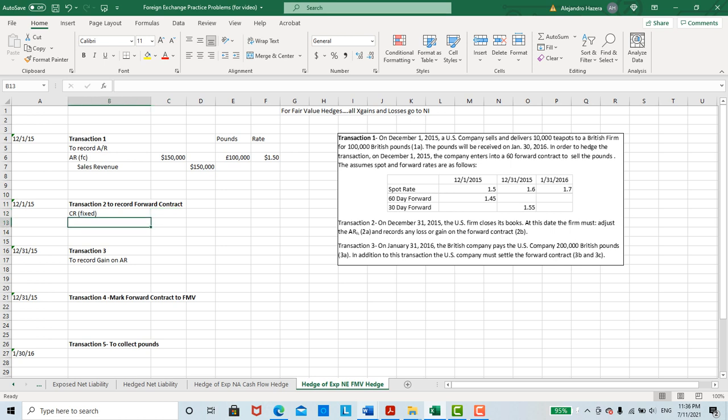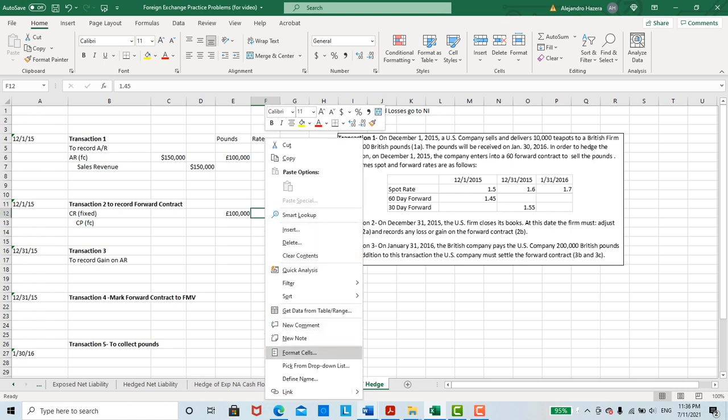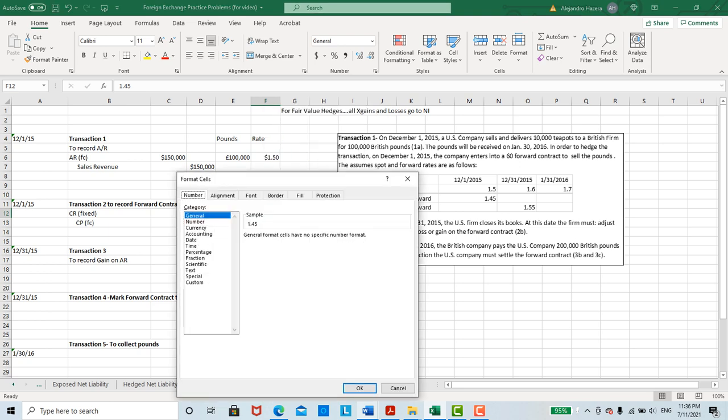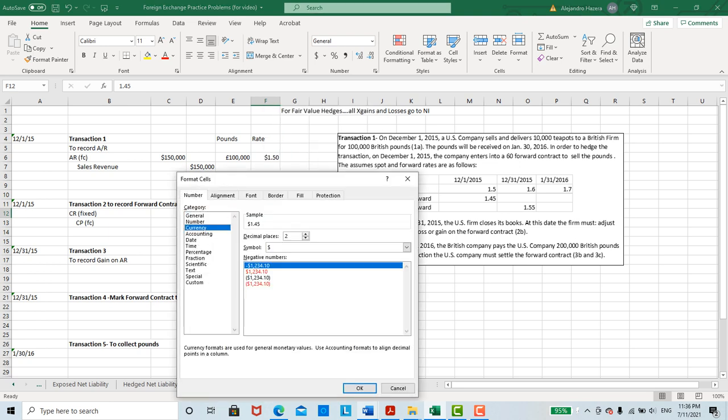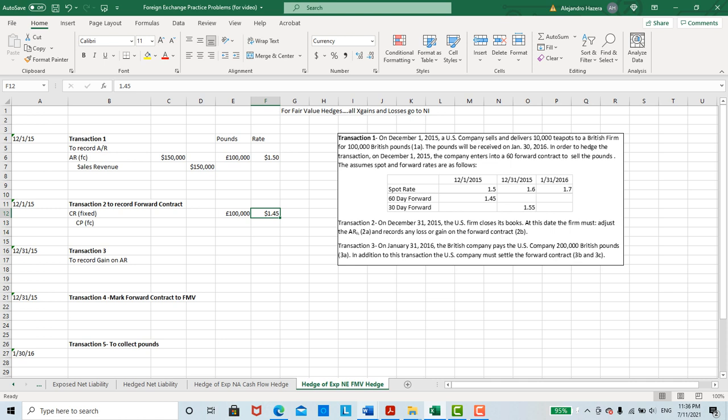So that's contract receivable fixed, and we're going to have a contract payable. This one is going to be denominated in foreign currency, so I'm going to put an FC side there. And this is going to be valued at 1.45, which, if you notice, is the 60-day forward rate on a contract.